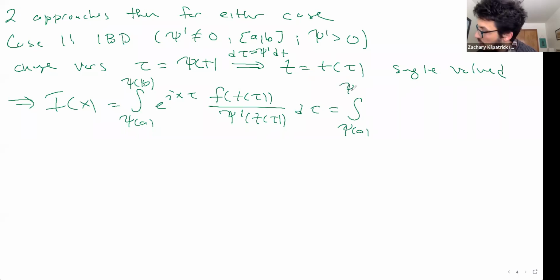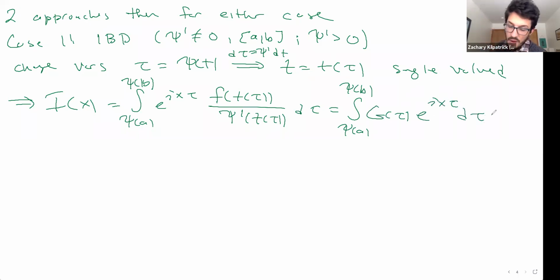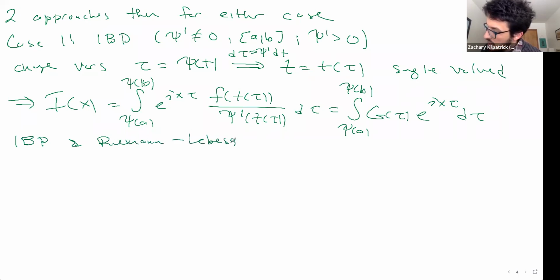Integral now from psi b to psi of a, g of tau, e to the i x tau. So we can absorb everything into that g. Now using integration by parts and our Riemann-Lebesgue lemma to make a statement about how that remainder is going to remain bounded and scale properly to give us an asymptotic expansion.